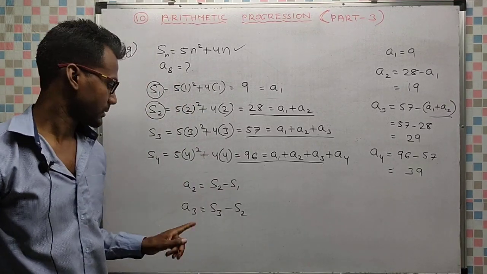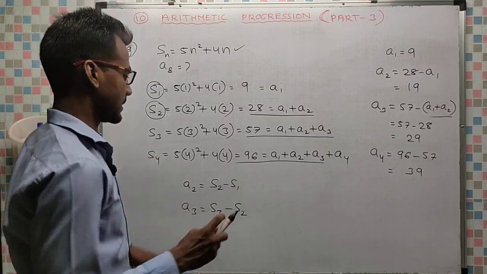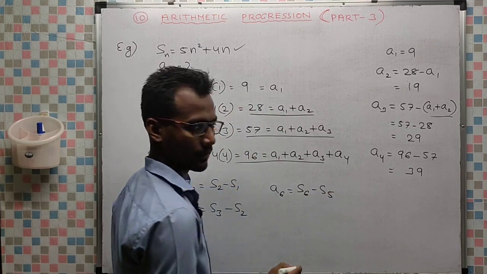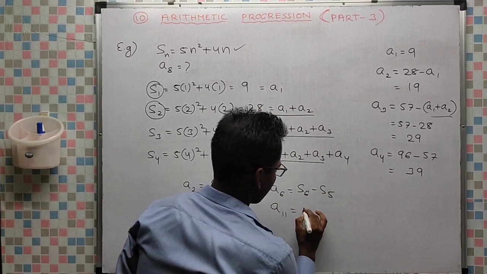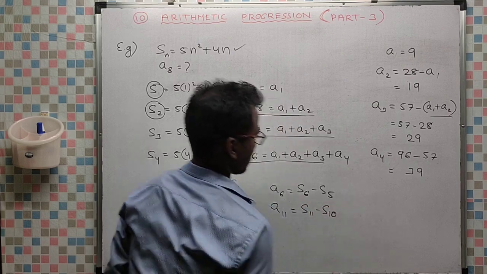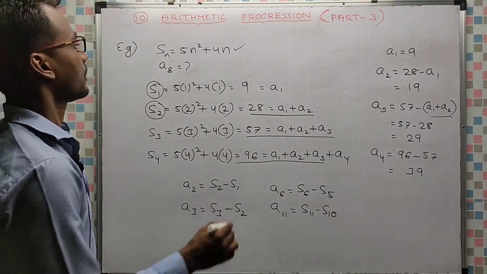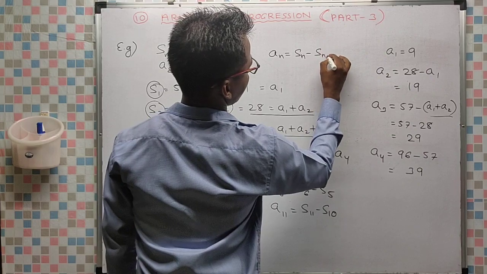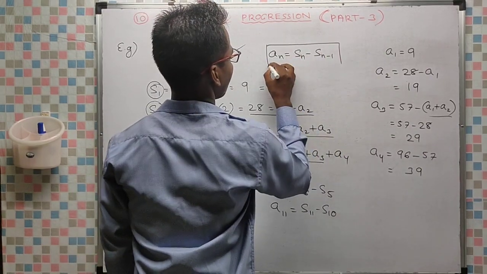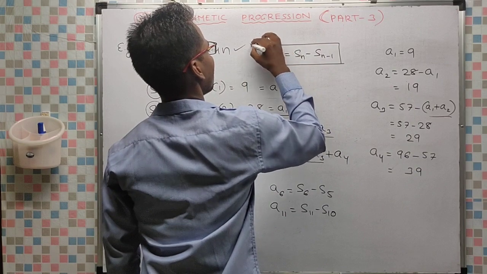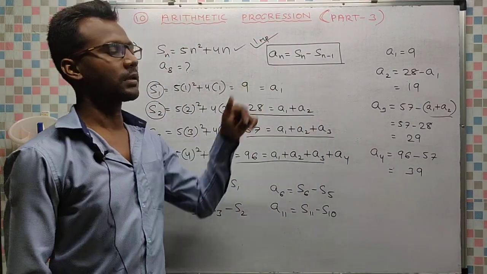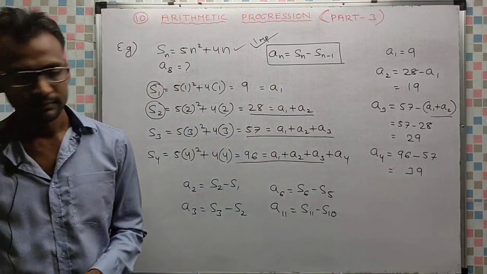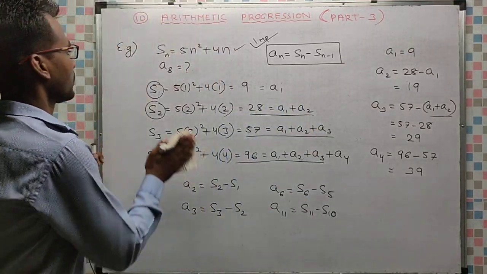A2 is equal to S2 minus S1. A3 is equal to S3 minus S2. Similarly, if you want to find A6, you should do S6 minus S5. If you want to get A11, then it should be S11 minus S10. So the general formula is An is equal to Sn minus S(n minus 1). Remember this formula. Nth term is equal to sum of first n terms minus sum of first n minus 1 terms. So successfully we have got the terms.